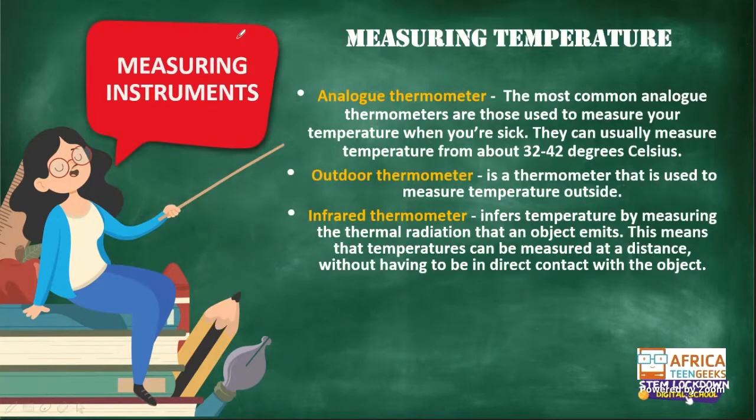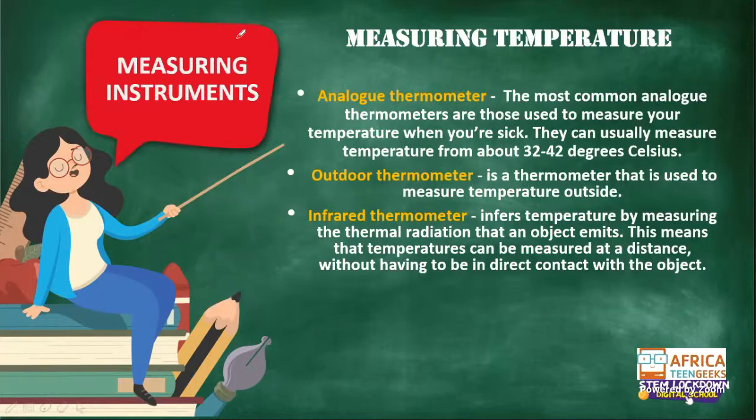Whenever you go to the mall, or if you go to a store somewhere you want to go inside, they measure your temperature with one of these digital infrared thermometers. They just scan your forehead to see if you have a fever. So it is something that we get exposed to on an everyday basis with this COVID-19 thing going around.